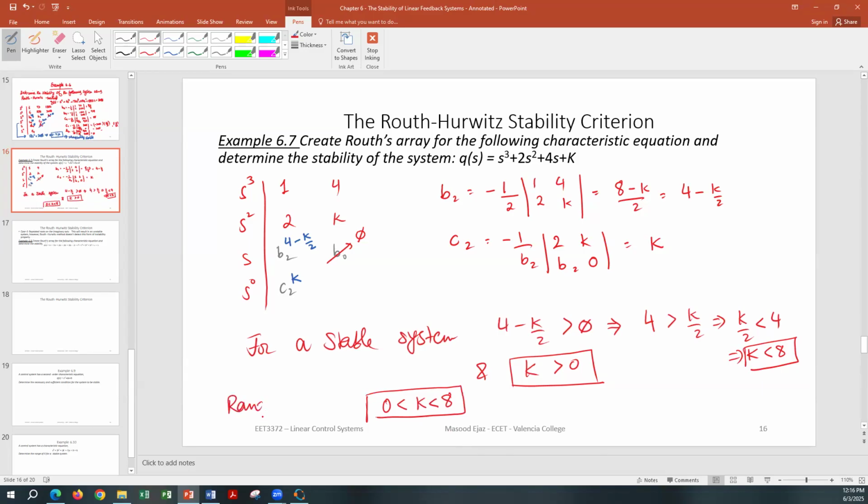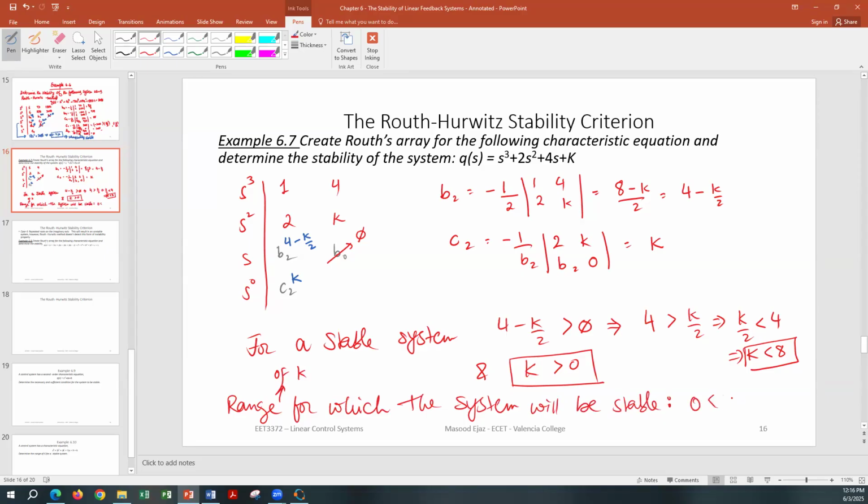The range of K for which the system will be stable is 0 to 8.